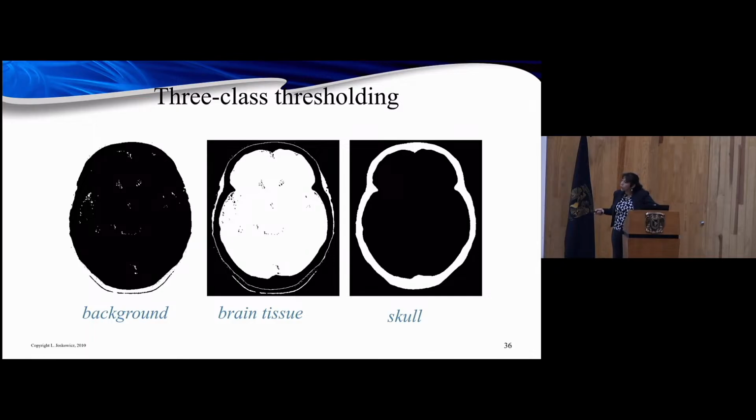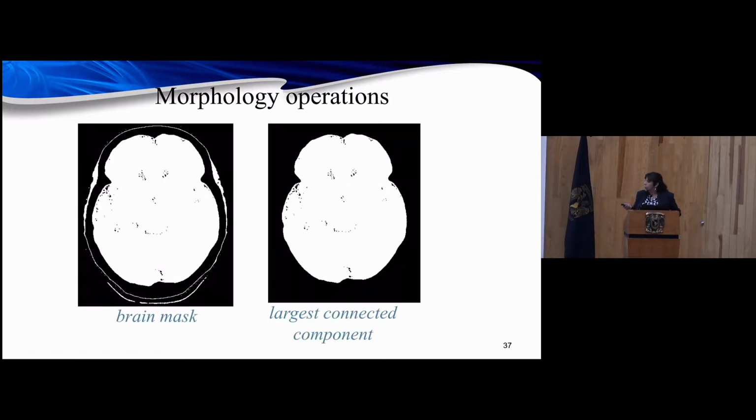I was supposed to get just the outside, but here I have some pixels that say that is background. Also, I'm getting the brain tissue, but I'm also getting part of the bone here.